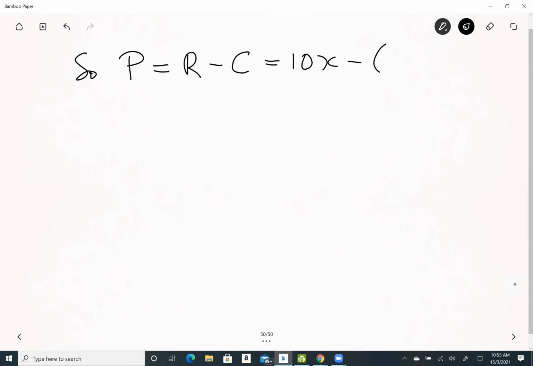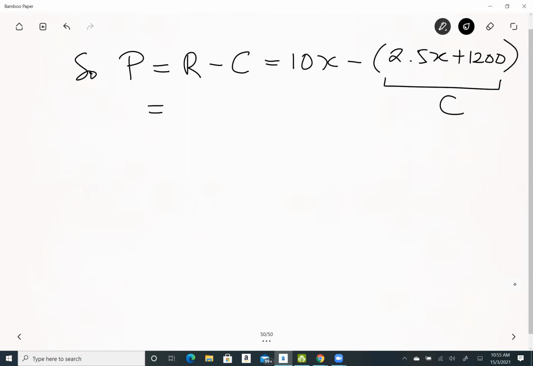When the cost has more than one term, put the bracket: 2.5x plus 1,200. The cost is the whole thing.